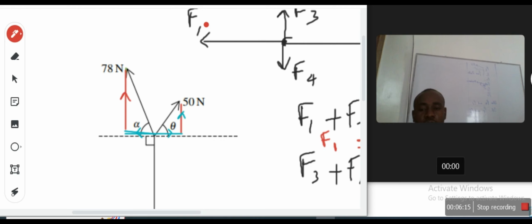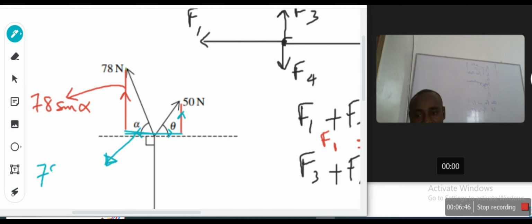Okay, what's the value of the 78, the red one on the 78 Newton side? 78 sine alpha. Do you agree? What about the blue one on the 78 side, the horizontal component? 78 cos alpha.